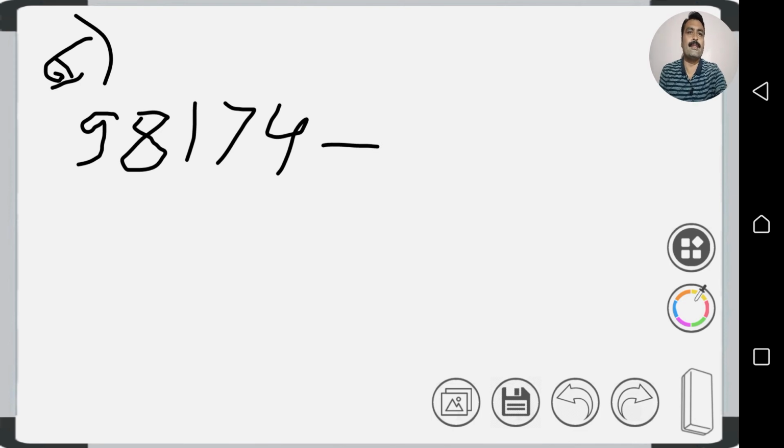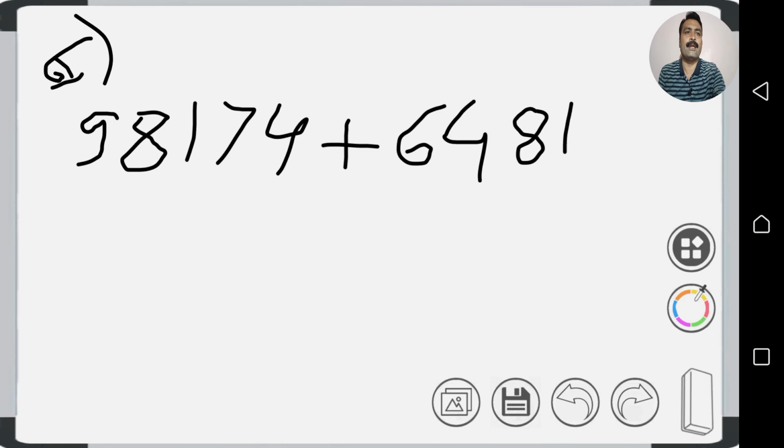Now we take the second number, that is 64,819. So again, as in the previous 5 examples, into this example also I am taking two numbers that are 5 digits each. Now we want to make the vertical arrangement for this example.